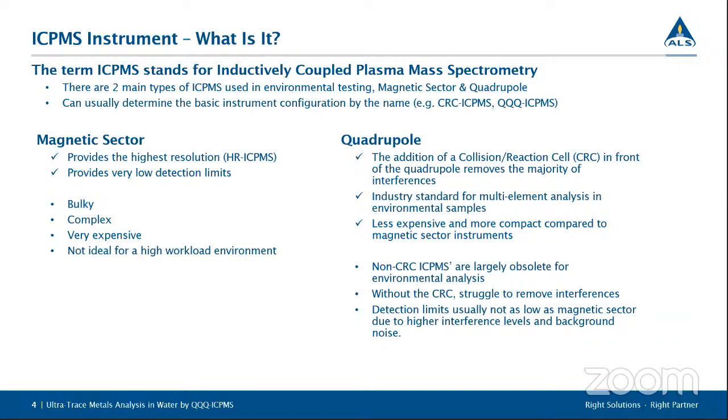Not only do you have to tune the instrument to focus your ion source, but you also need to tune the magnet in order to make sure you're looking at the right spot, because if the magnet's not tuned properly, what you think is a peak at, say, mass 40 is actually a peak of something else. So it's very important that the magnet is tuned properly and you're looking at the right thing.